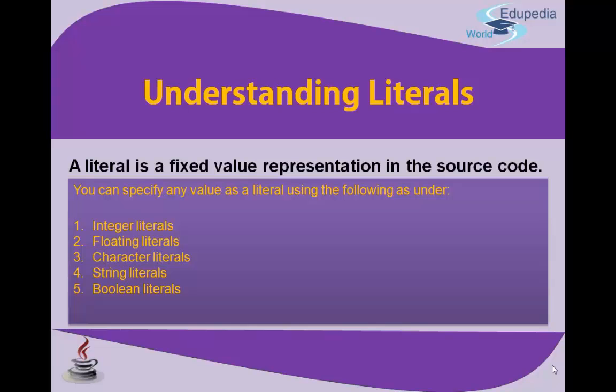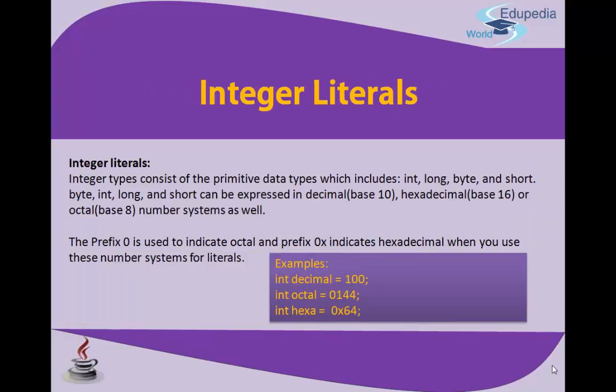The first one is integer literals, second is floating literals, third is character literals, fourth is string literals, and the fifth is Boolean literals. By seeing this, maybe you have got a clue about the use of literals. So keep watching. First of all, we have integer literals.